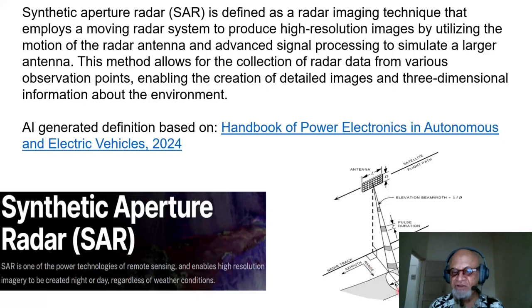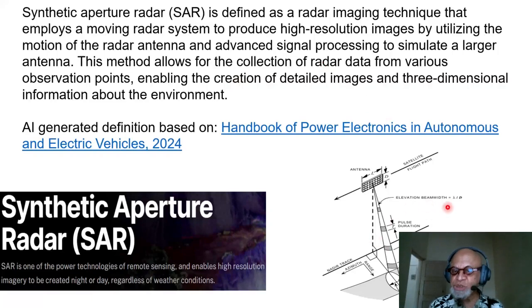Here is an example of the footprint of the SAR, synthetic aperture radar, flying on a satellite. Synthetic is the key word because you are creating high resolution data from relatively low resolution pixels by using advanced signal processing techniques.